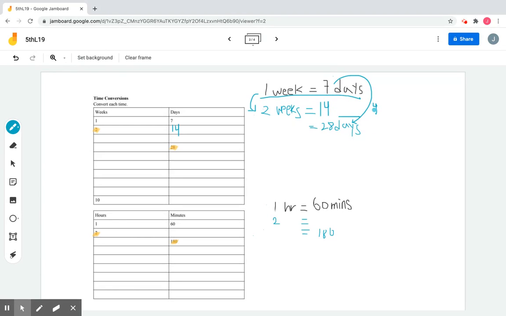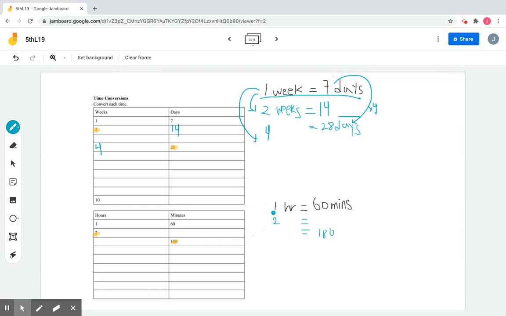So that means 7 days times 4 is 28 days. So now we're gonna do the same thing on this side. 1 week times 4, it will be 4 weeks, right? So 28 days will be 4 weeks.